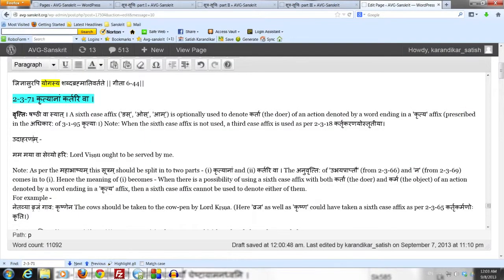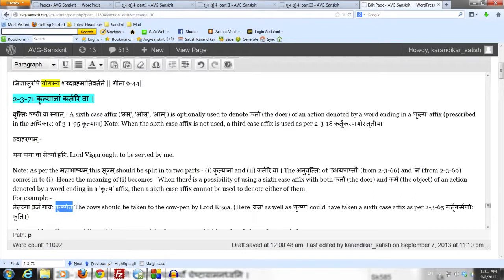But vraja, the secondary object, is anabhitam. It is not expressed by the kritya pratyaya. So a sixth case affix could have been used by 2.3.65. Similarly, the agent Shri Krishna is also anabhitaha. Hence 2.3.65 would have prescribed a sixth case affix following Krishna also.